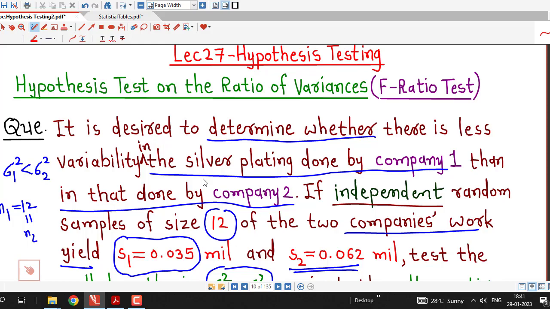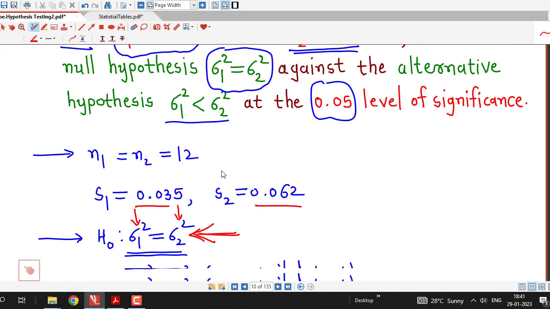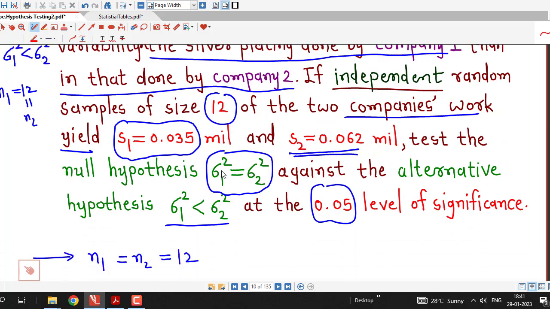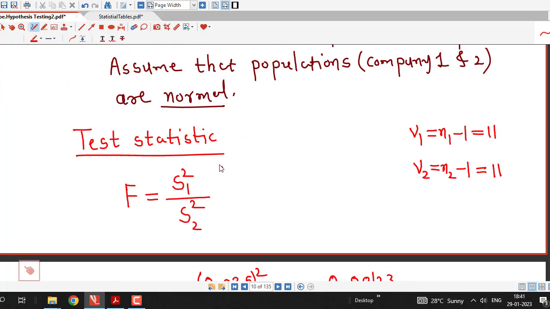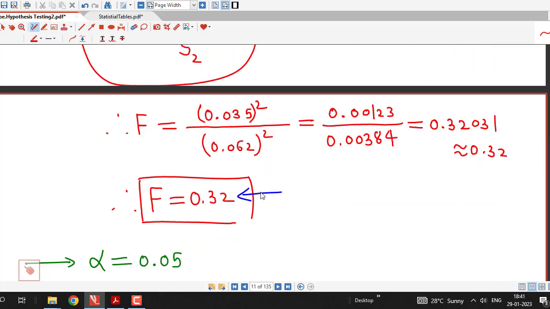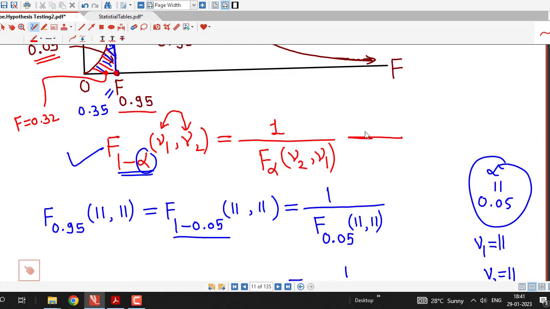So this is another problem on the F ratio test. You can see it is very easy. You have to search for sample size and sample variances, and remember this test statistic formula. Because we have a left-tailed probability of 0.05, we have to use this identity to determine the critical point.